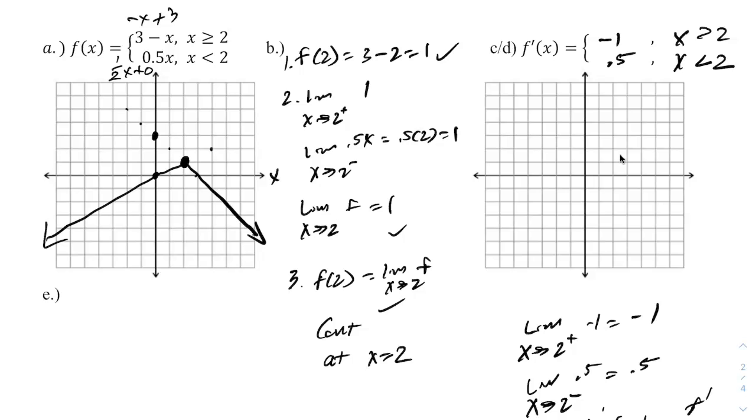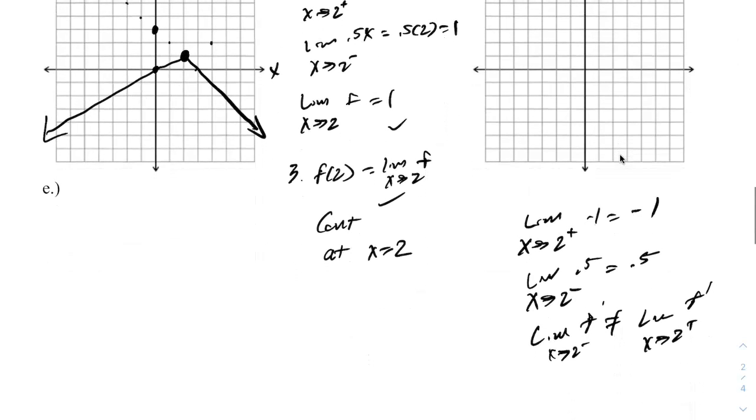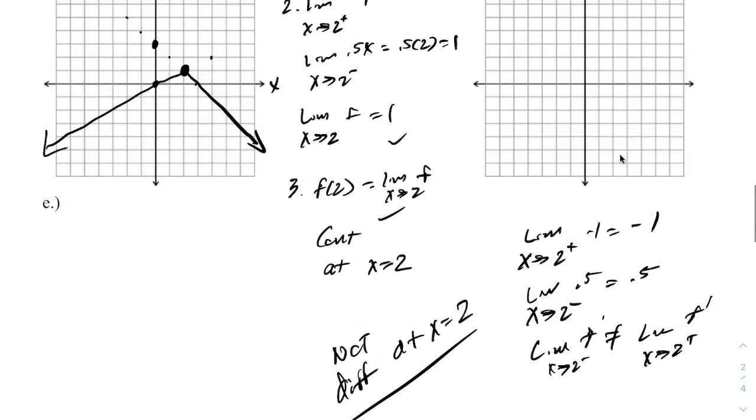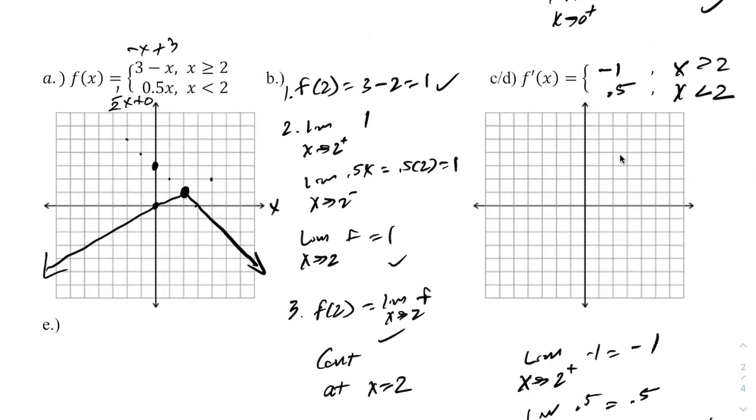So these do not match. The limit from the left does not equal the limit from the right of f prime, so it's not differentiable at x equals 2. So I do not include the equal to sign, but I do still have to graph this.